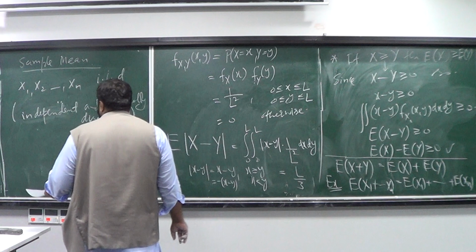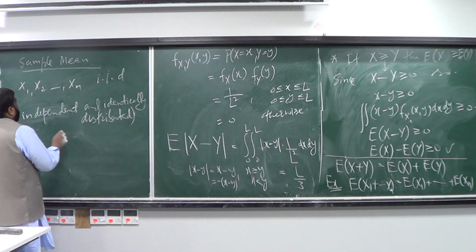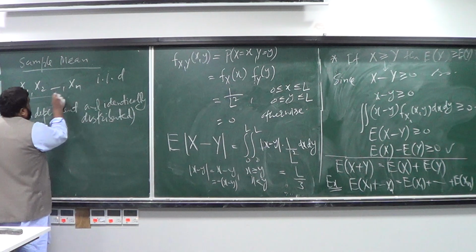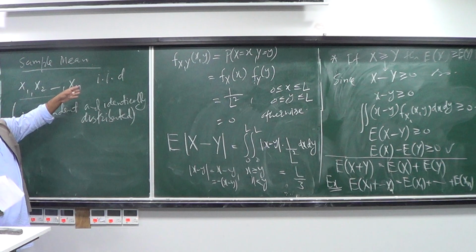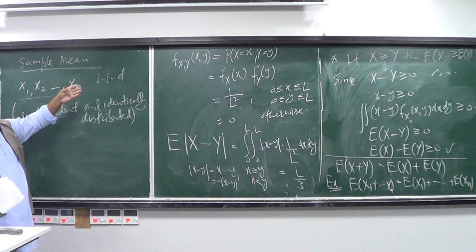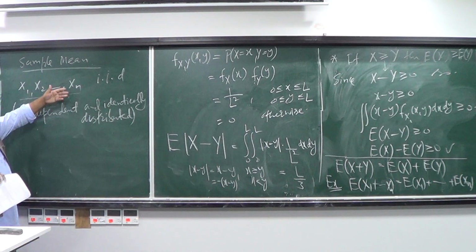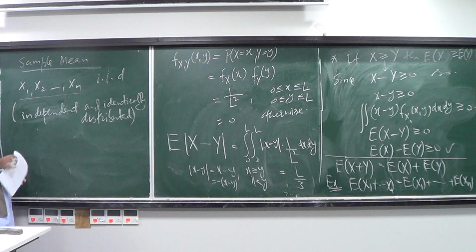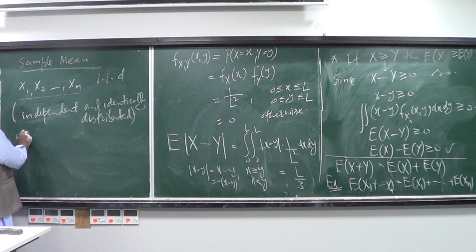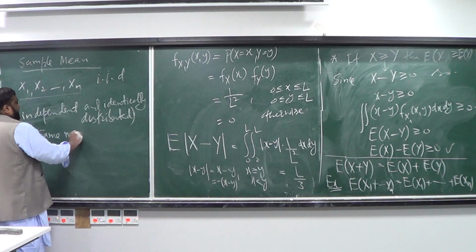And by identical distribution you can also mean that they have the same kind of distribution. So either all are binomial, or all are normal, or all are Poisson and so on, with the same mean and same variance. So IID with the same mean.